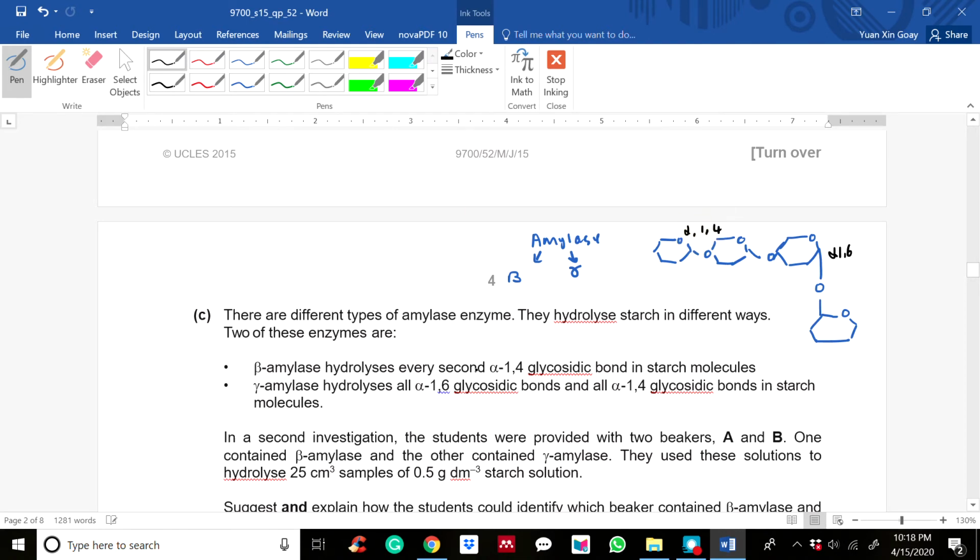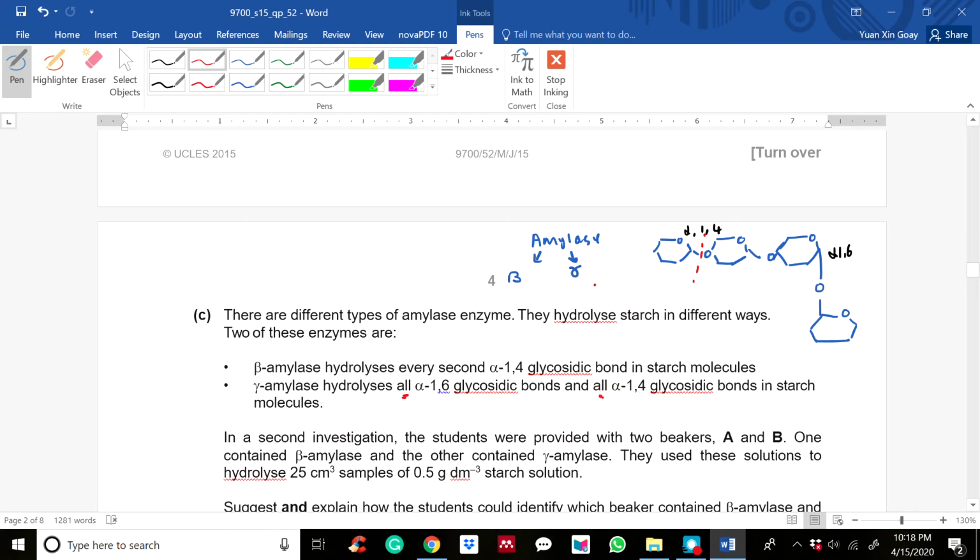Now the question says that beta amylase hydrolyzes every second alpha-1,4. So let's say this is the alpha-1,4. This is where the beta amylase will cut. Whereas gamma amylase hydrolyzes all alpha-1,6 glycosidic bonds and all alpha-1,4 glycosidic bonds.